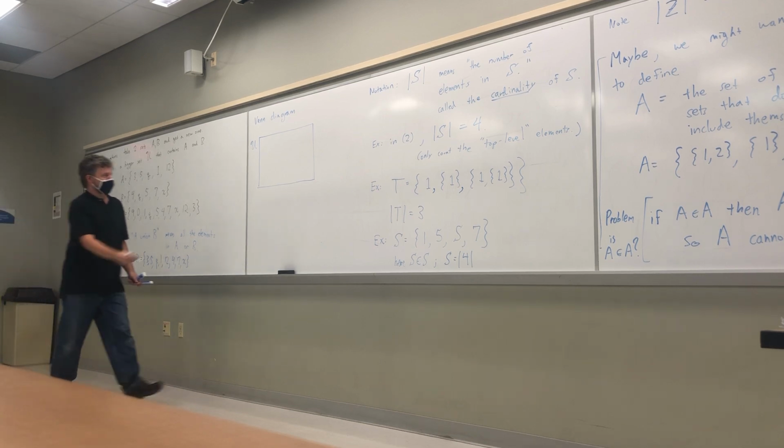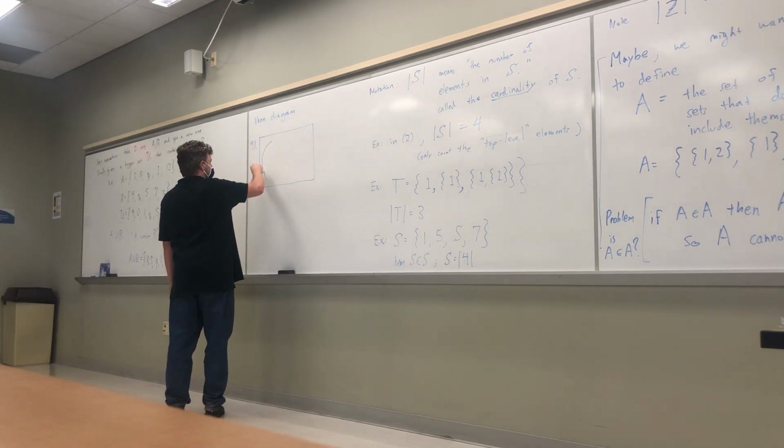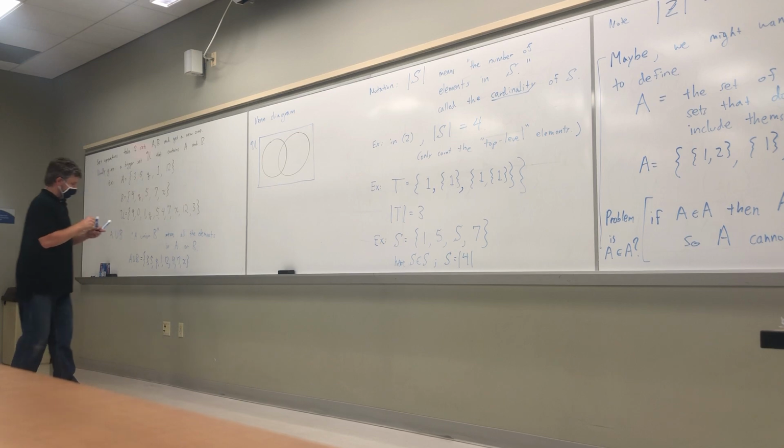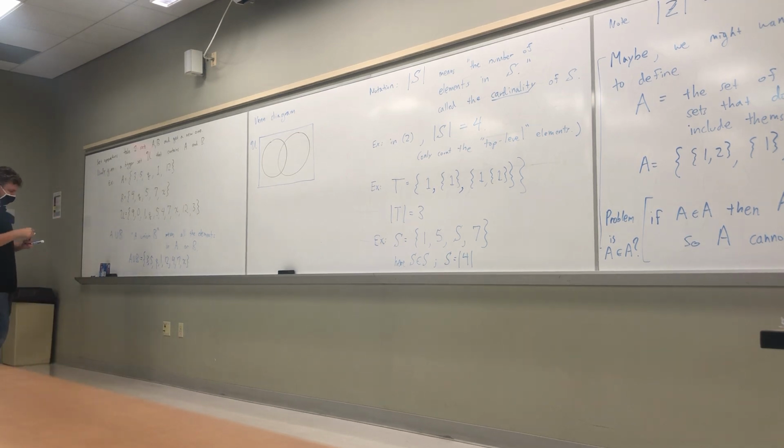So I'll have A and B here, and the union will be both. So the elements that we had were, and we're going to do intersection next.